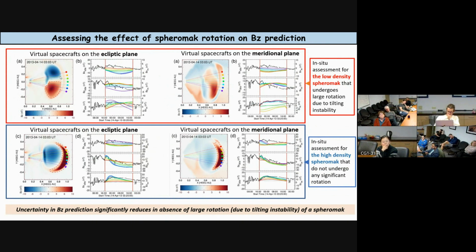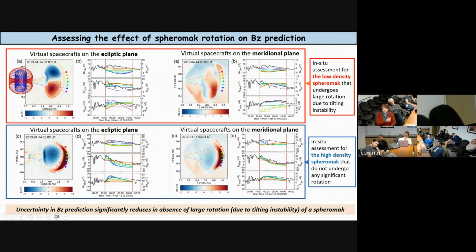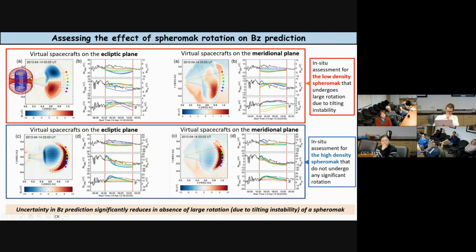If we recall the spheromak structure, it has undergone a huge rotation. That's why you see one magnetic axis going through this point, and another magnetic axis going through this point. So essentially, you are getting two opposite polarity sides here and there.